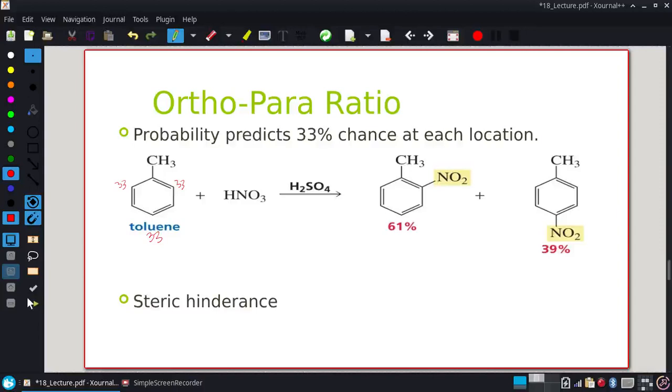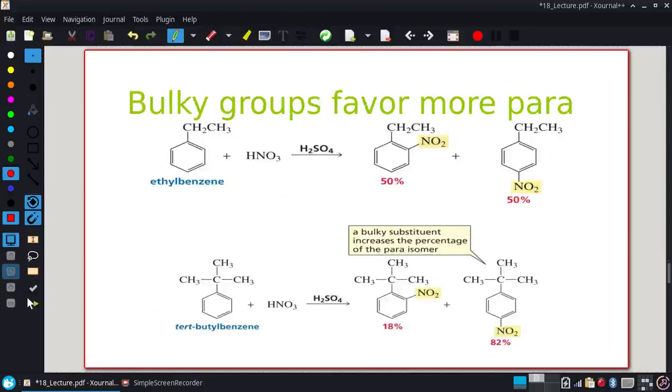All right, there are plenty of reasons to expect it to be lower. The reason this isn't 66% is because nitro groups are kind of bulky, and that CH3 is already there, so they really can't get that perfect ratio simply because of that. It's actually bad enough that if I use a much, much bigger group, even ethyl is big enough, that I tremendously lower that.